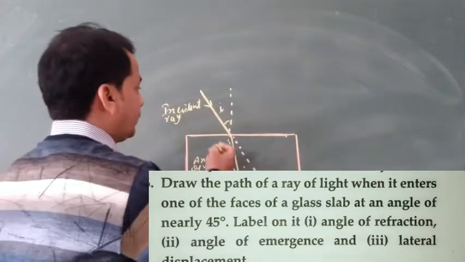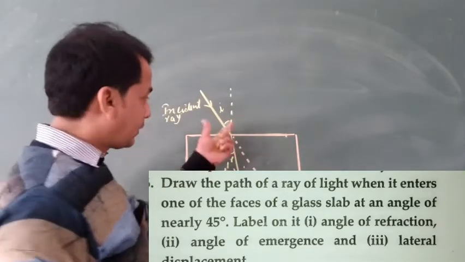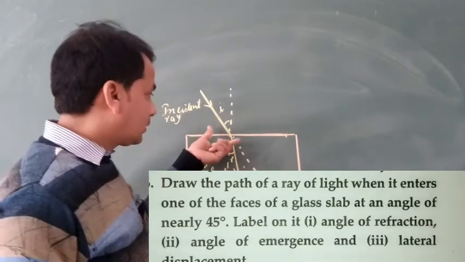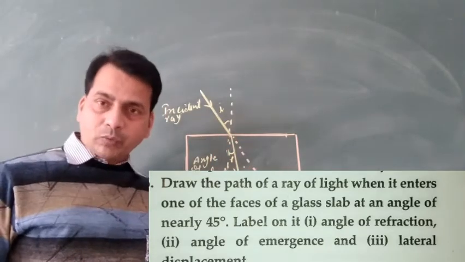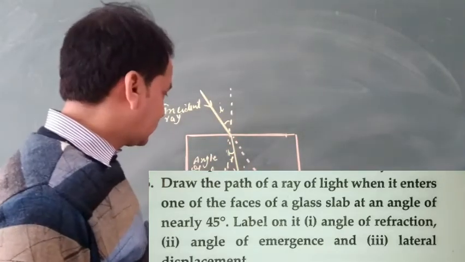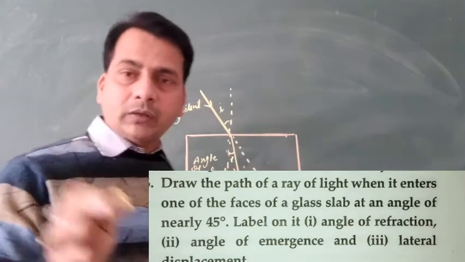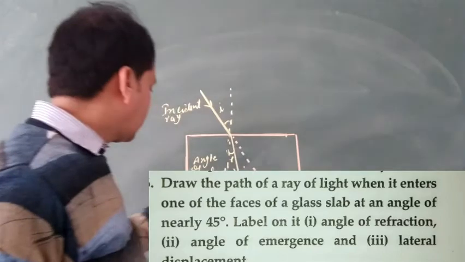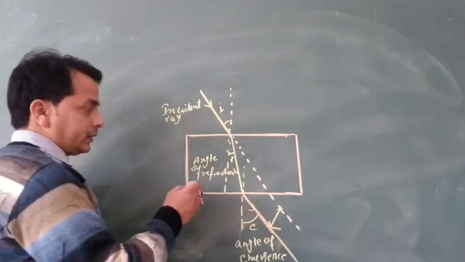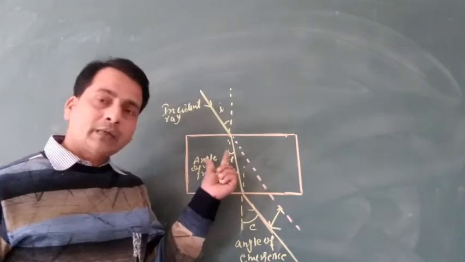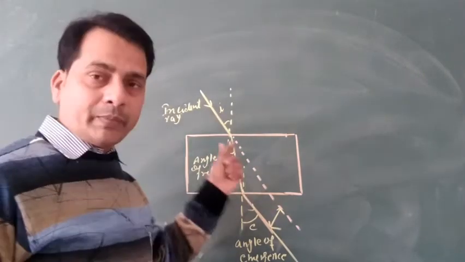Then when the ray of light travels from air to glass, it bends towards the normal, and that ray of light is called the refracted ray. The angle it makes with the normal is called the angle of refraction.